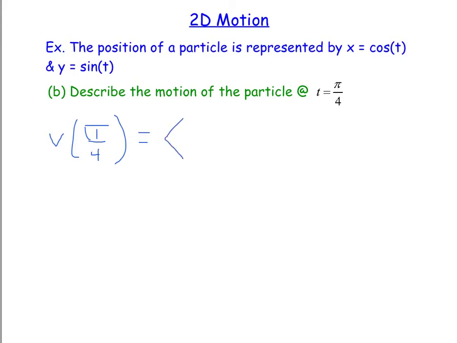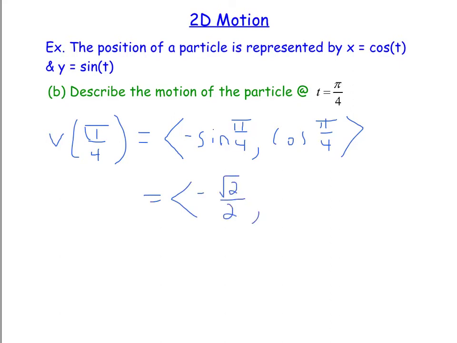And so that would be negative sine of pi over 4, comma cosine of pi over 4, which is equal to negative square root 2 over 2, comma square root 2 over 2.